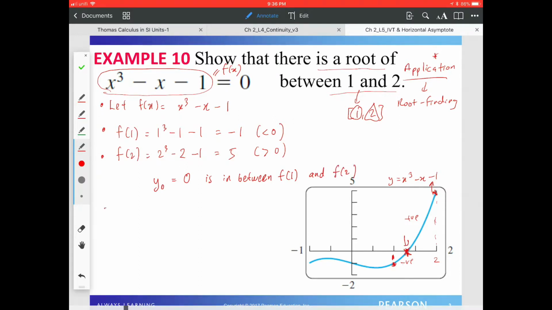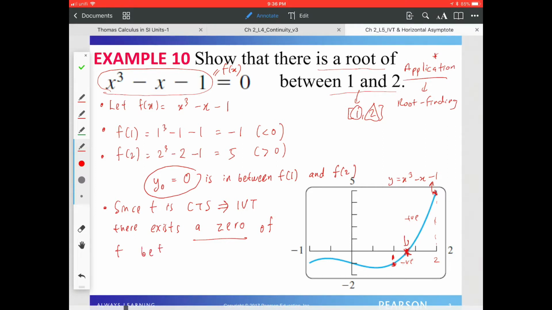Since f is continuous, based on the IVT, this implies that there exists a zero of f between 1 and 2.